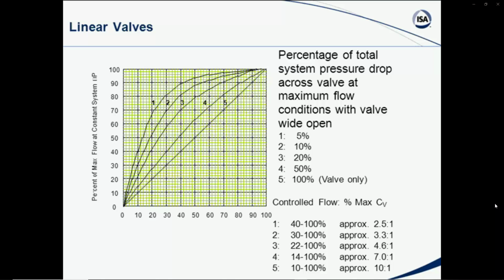If you look at the linear characteristic, notice here we start with a linear situation, and we get this same movement if we plot the curve on an installed characteristic. The curve again will shift to the left, and notice that this valve, as it moves back to a situation, let's just say, where it only has 10% of the system drop, curve 2 begins to look very much like the quick opening, and your linear operation has become very detrimental.